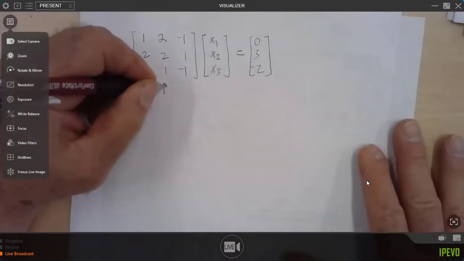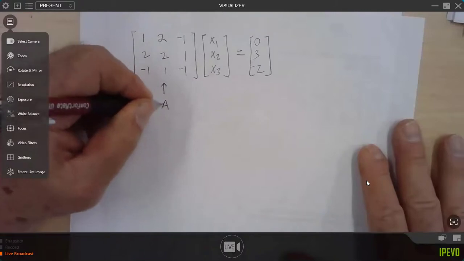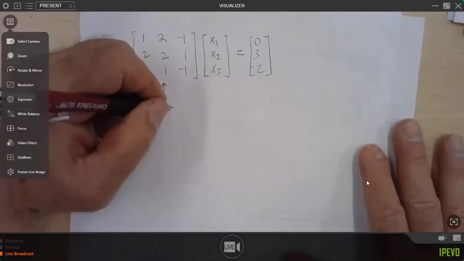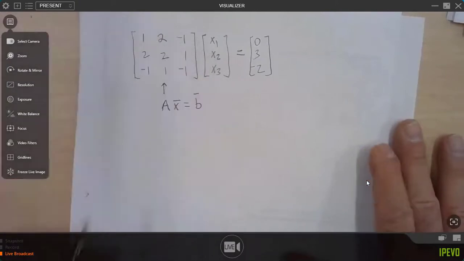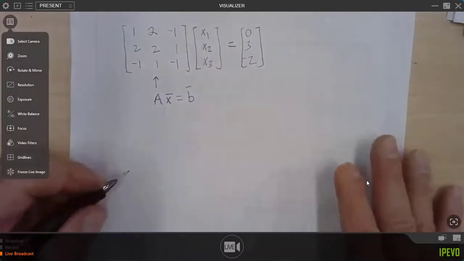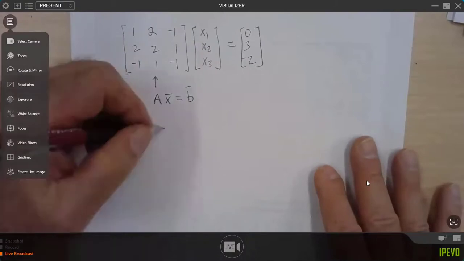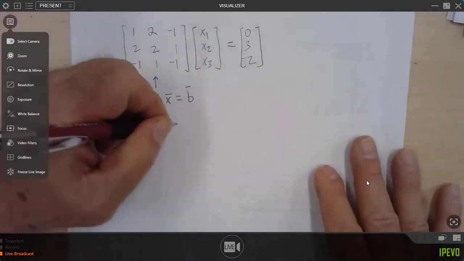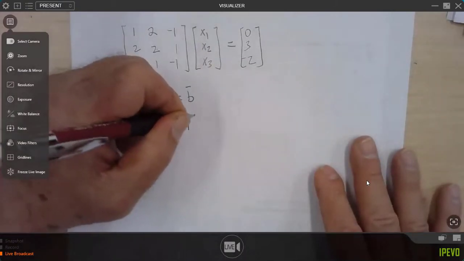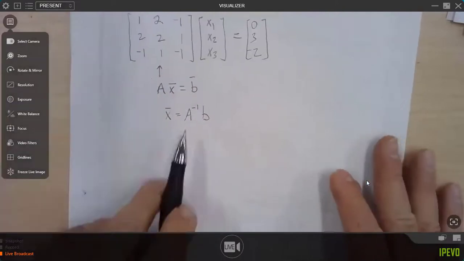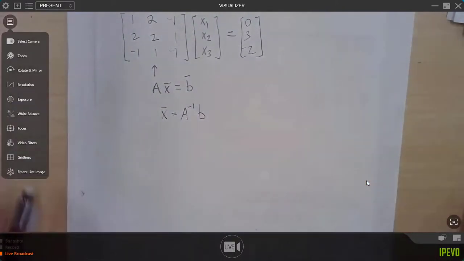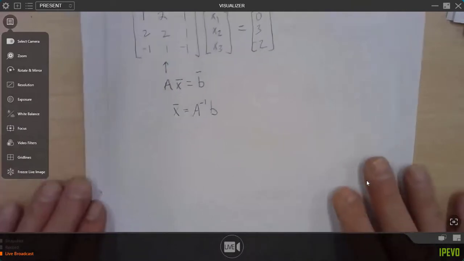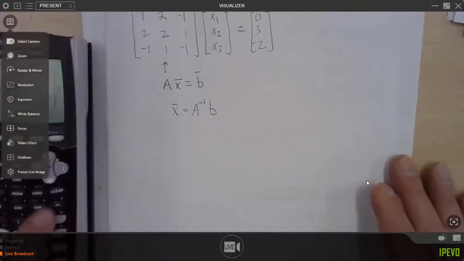Well, let's get some notation here. We'll call this matrix A, and the right-hand side matrix B. If you wanted to do this by inverse, it would be X equals A inverse times B, provided that there is an inverse. And of course, not every matrix has one. So let's see if we can find it.